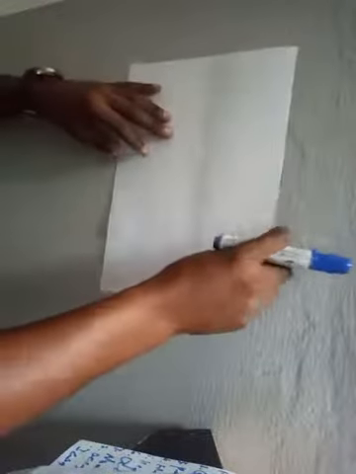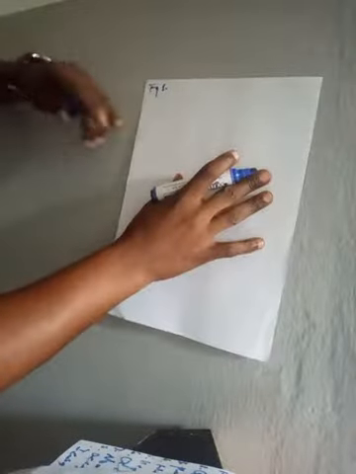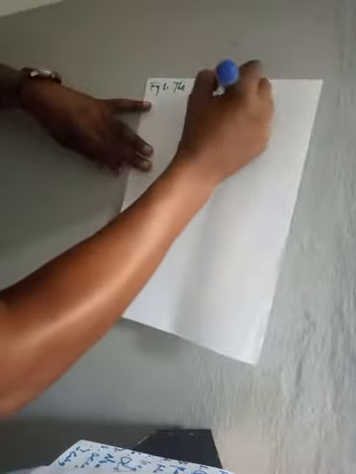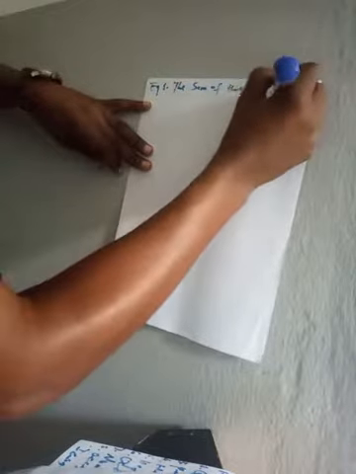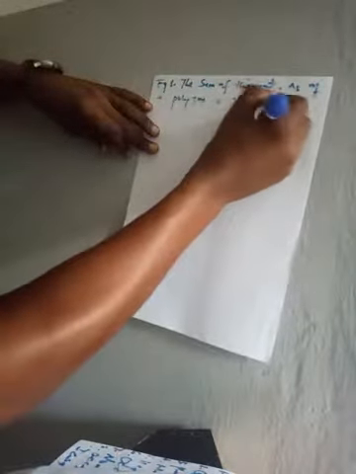Example 1. The question is this. The sum of the interior angles of a polygon is 30 right angles.